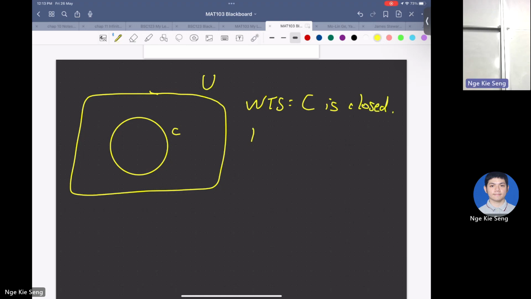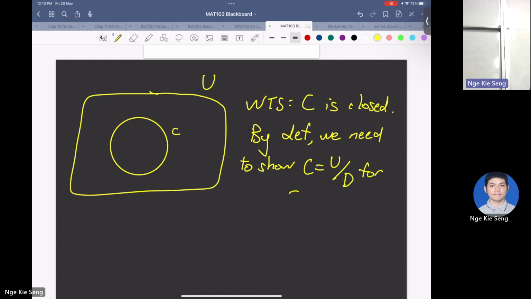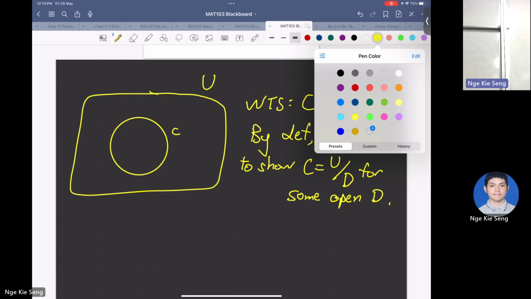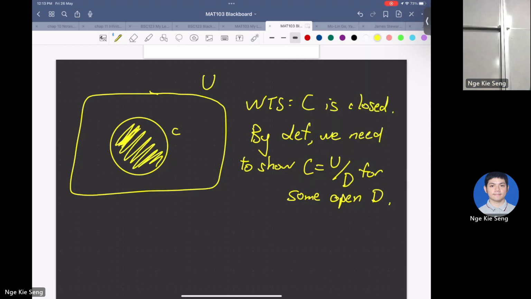Okay, so by definition, I need to show that C is equal to U minus D for some open D. Okay, so is this C a complement of U?